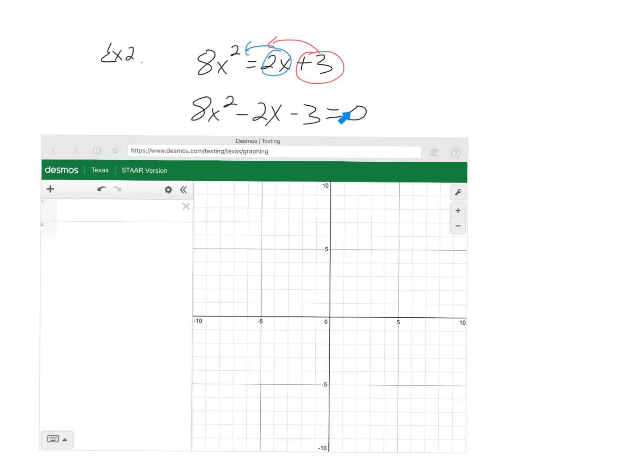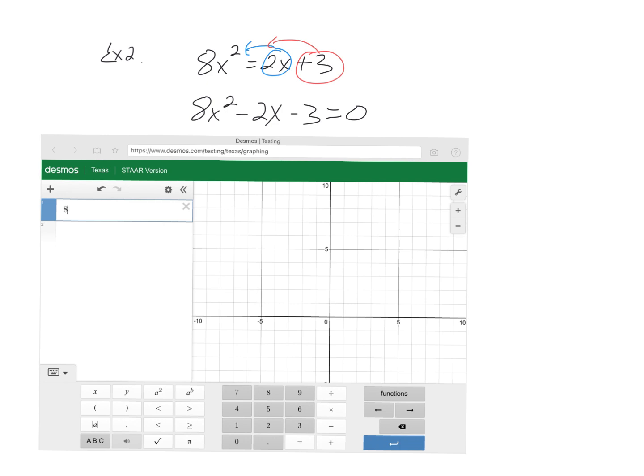Or on the graphing calculator, say f of x equals, or the one we use in class, f of x equals, and then we enter this part of the equation. So we have 8x squared minus 2x, and then minus 3.